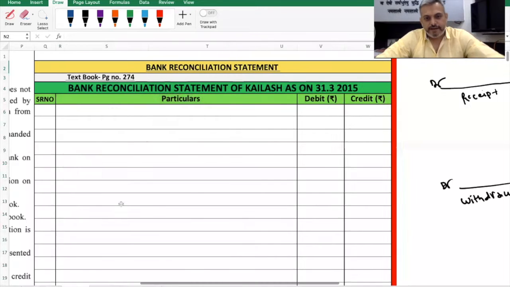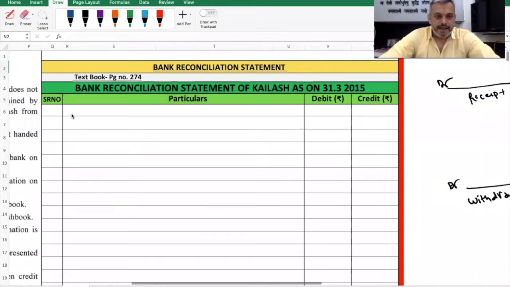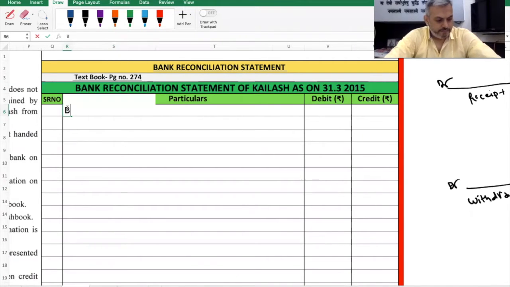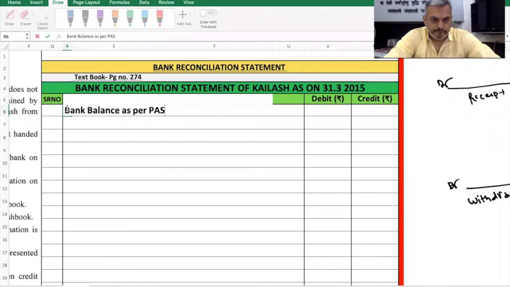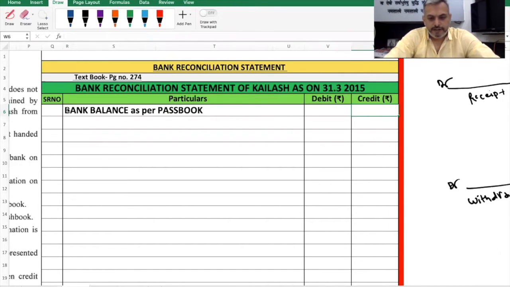So let's begin our sum with bank balance. Because it's given in the question heading, I'm just writing without a serial number. So bank balance as per passbook, credit balance of 30,000.